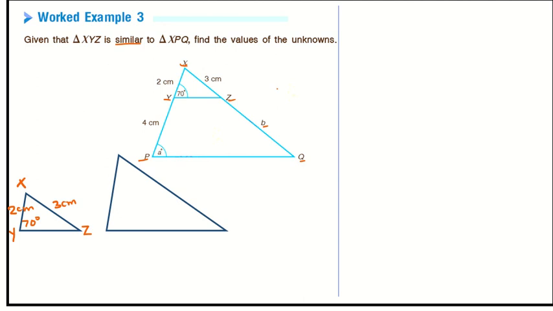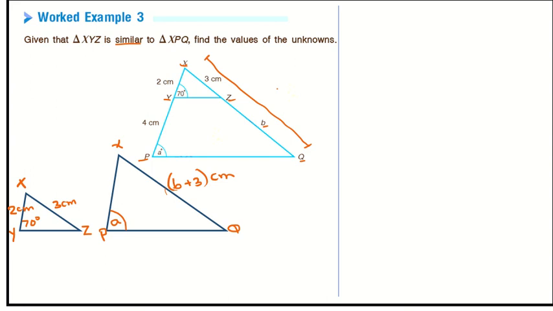Another triangle is PQX, whereby this is A, okay, and this is B. This is actually B plus 3 centimeters, the whole of this one.